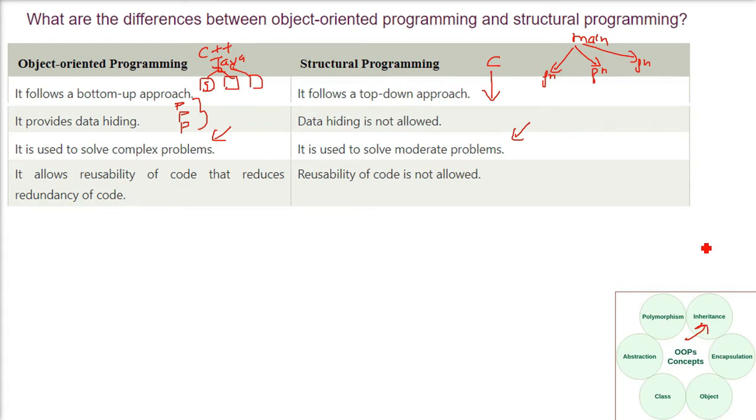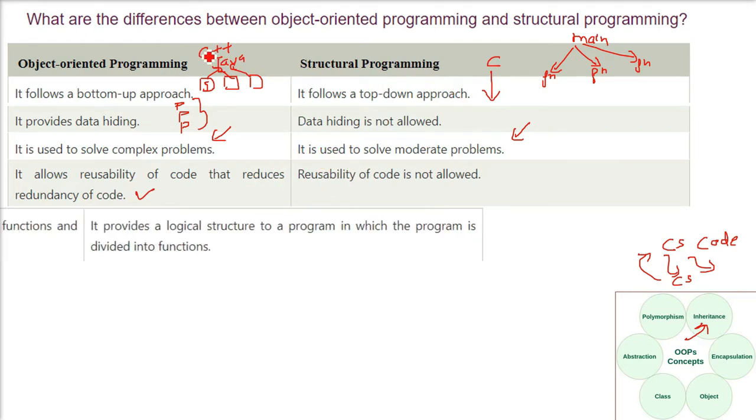So it allows reusability of code, which reduces the redundancy of code. You don't have to write again and again. Make a class or a component and you can just use it again and again. Reusability is good, and OOPS provides it. In structural, no. You have to write it again and again.